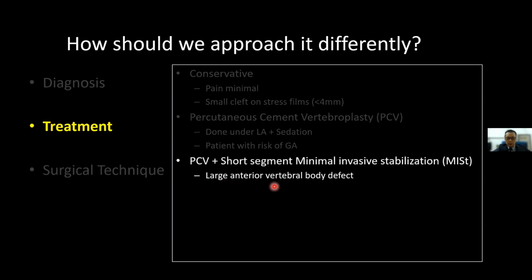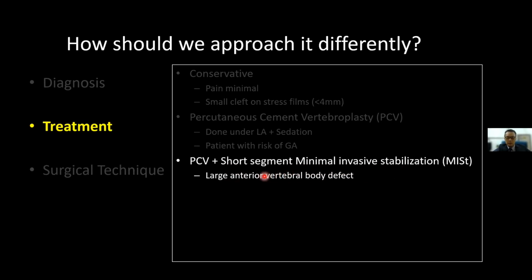If the cleft is very large and we are worried about the stability of the spinal column, we may additionally add stabilization with screws. We call it minimally invasive stabilization, as we do not need to do an open procedure.